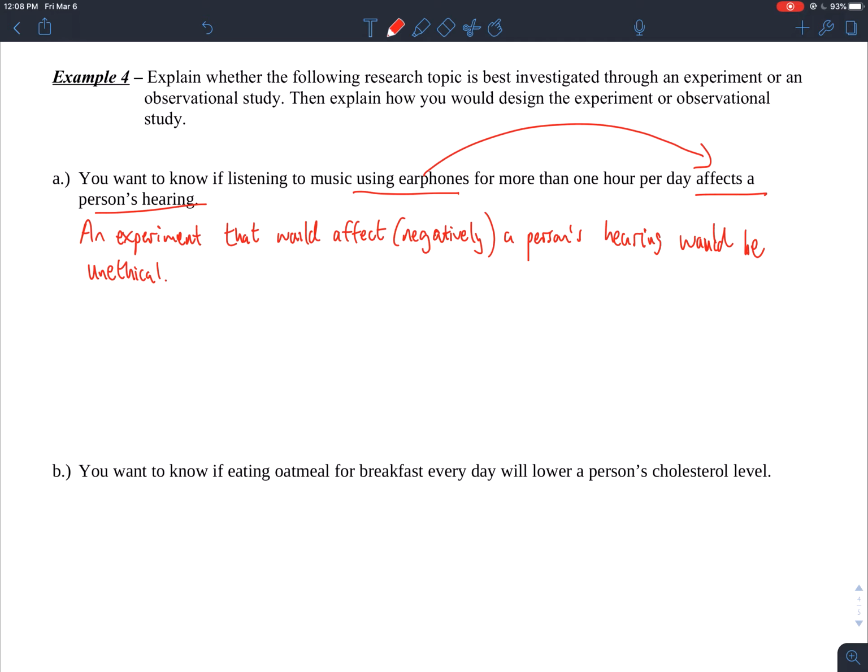So, what can I do? I must do an observational study, okay? And so what I can do is do some kind of a comparison study.